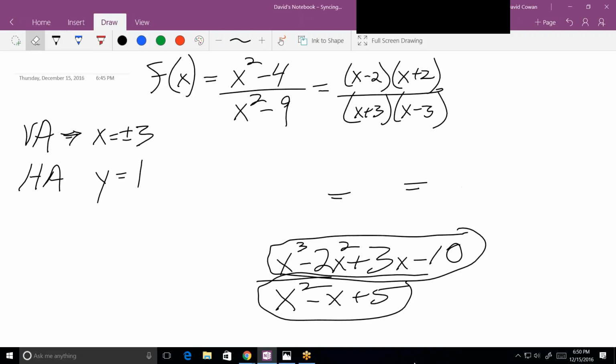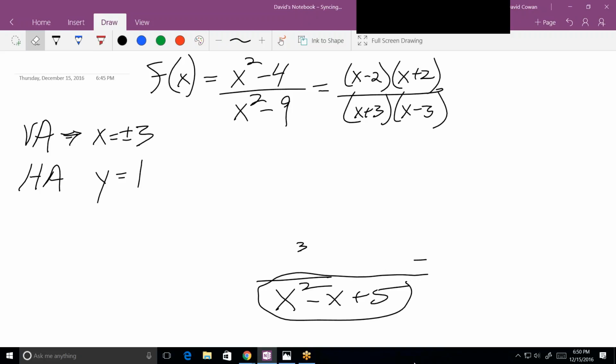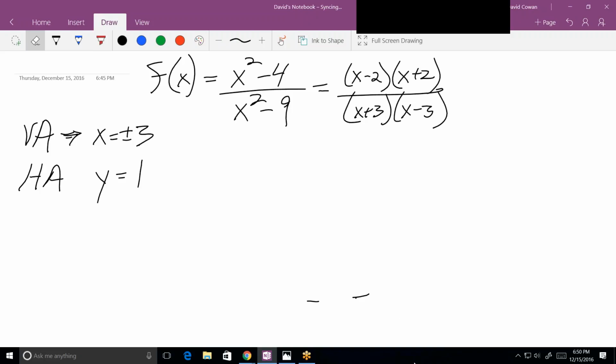And they'll never give you problems where it's 2 higher. In other words, you won't see x to the 4th over x squared. Is that just because of pre-calc, or is that a... No, I don't ever see it in calc either. I'm not sure what you get. I think all slant asymptotes are straight lines, so I've never seen a curved asymptote.